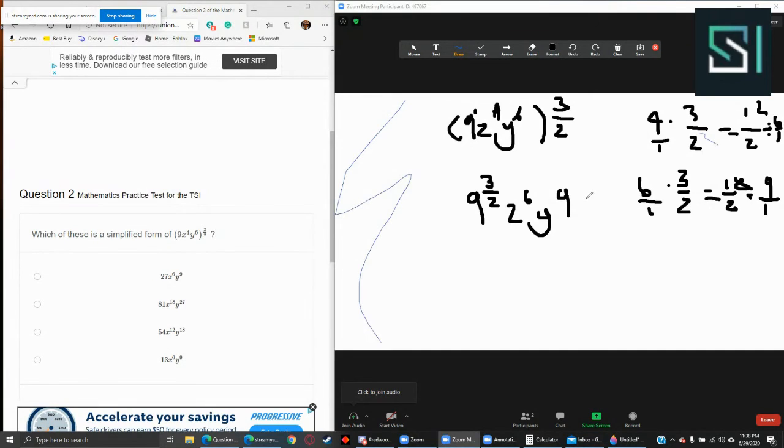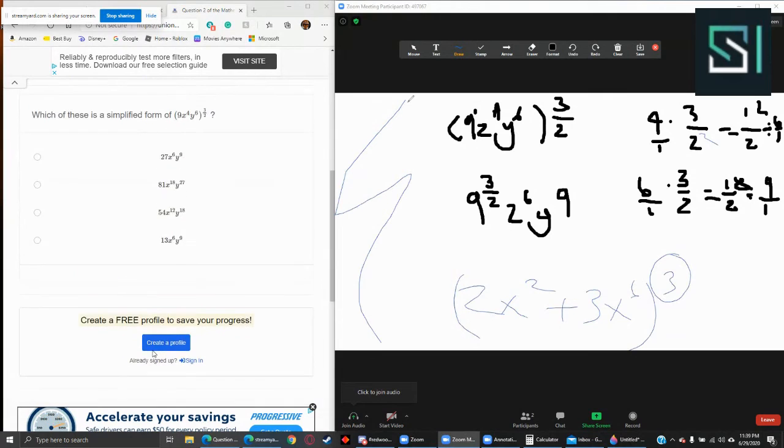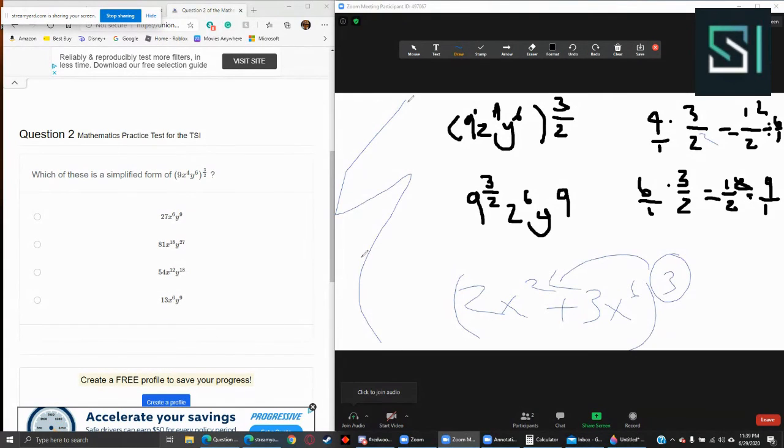Anytime you've got something outside, for example, you've got a 2x squared plus 3x plus 6, and there's something outside like that, this outside number is going to multiply everything inside, right?